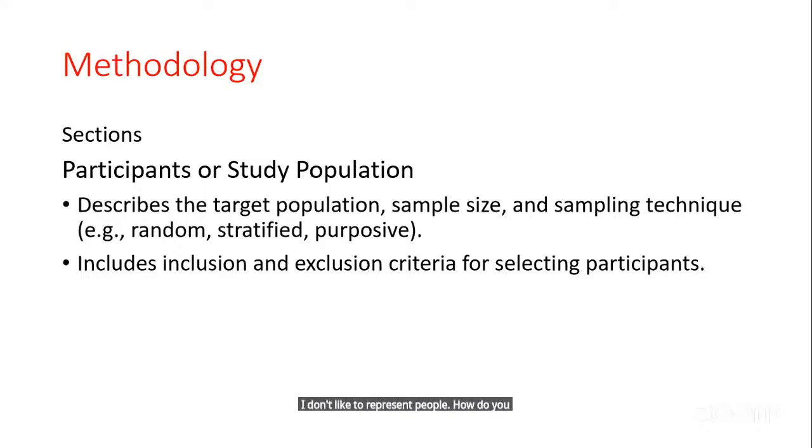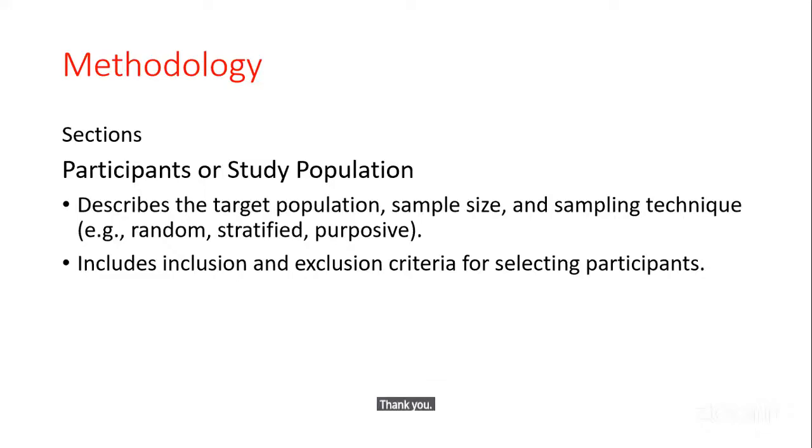You have to tell us the stratified sampling technique. You use stratified, maybe you want male and female to be part of the study, equal male and equal female. So you stratify them, put male and female on different sides, then pick from them into your study. Purposive sampling, maybe you already proposed that this is the type of sample that I want, this is the patient that I want. That's purposive sampling.